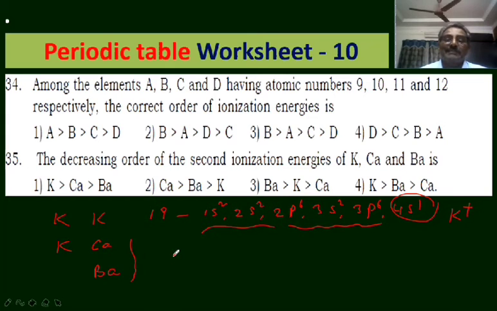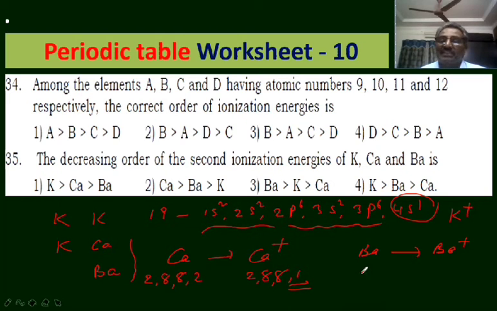Whereas in the case of calcium, when calcium changes to Ca plus, the distribution of electrons will be 2, 8, 8, 2, and in Ca2 plus it will be 2, 8, 8, 1. The removal of a single electron is easy. In the same way, barium on losing an electron changes to Ba plus. The barium atom also has 2 electrons in the valence shell.